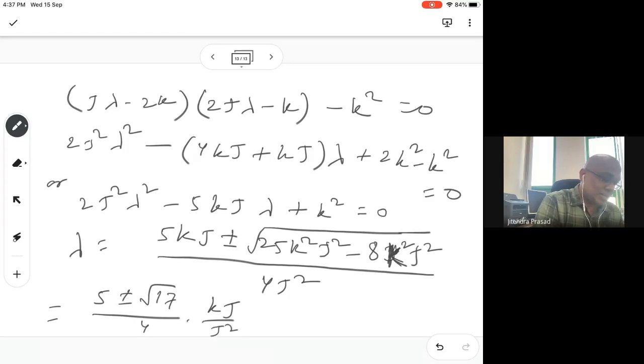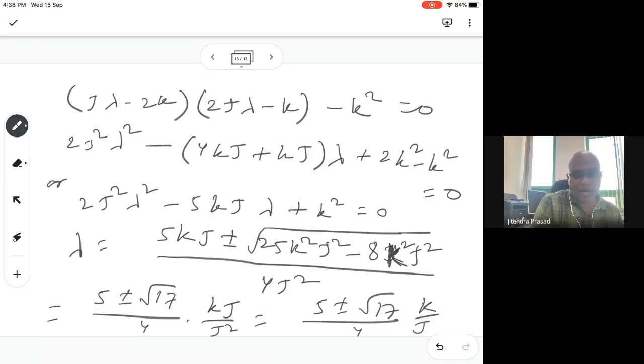So K over J equal to (5 plus or minus root 17) over 4 K over J. Lambda is omega squared, so you get two natural frequencies, which is equal to natural frequency squared.